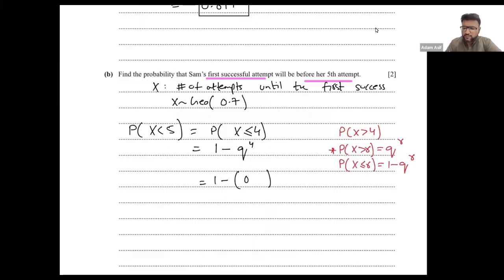What is the probability of failure? 0.3. That's 0.992. That should be the answer. Clear?